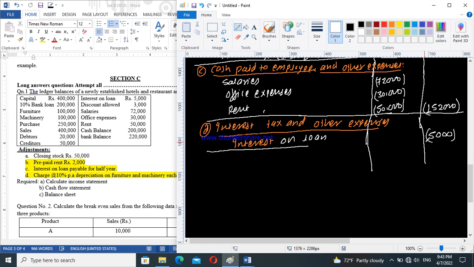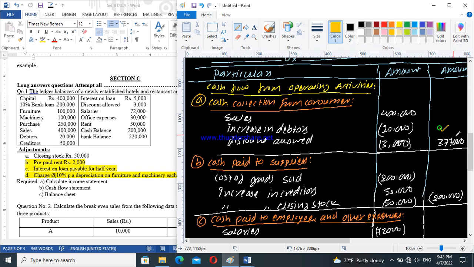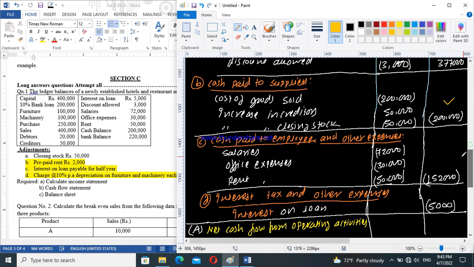Net cash flow from operating activities. Firstly, write down over here capital A. Net cash flow from operating activities. From the given information, A is positive value, B is negative value, C is negative, and D also negative value.